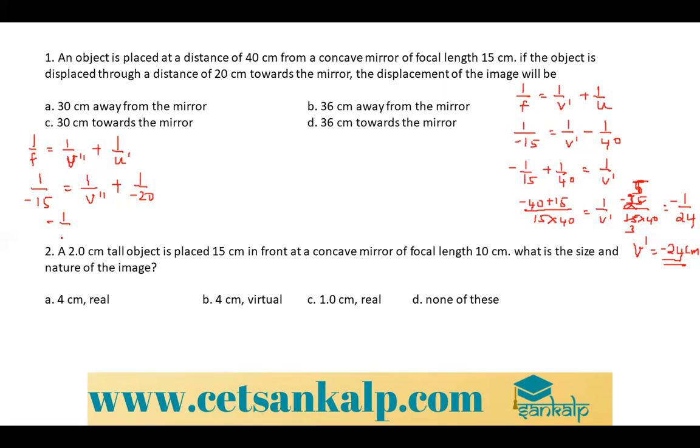So minus 1 by 15 plus 1 by 20 is equal to 1 by v double dash.